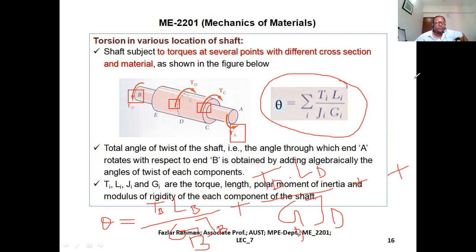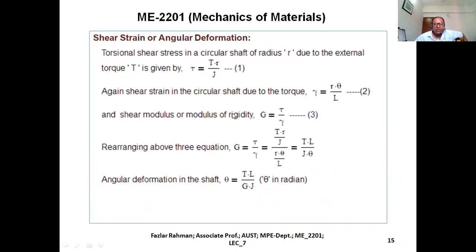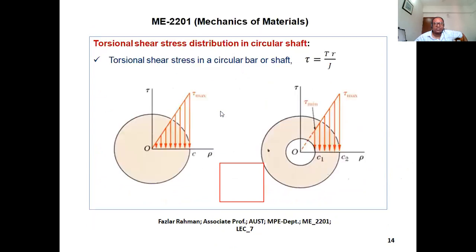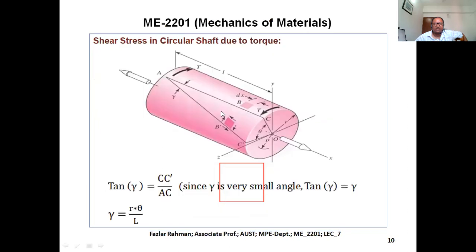Now, look carefully, we derived the formula theta equals TL by GJ. How did we derive it? In this formula, which direction is T working?